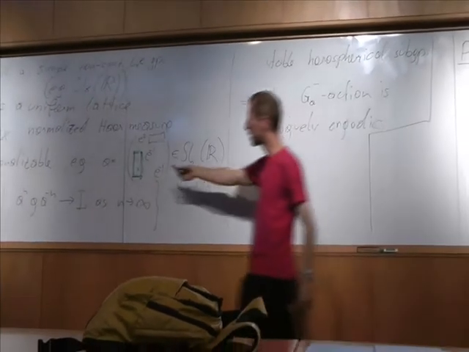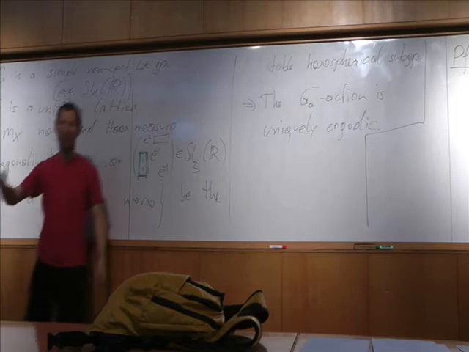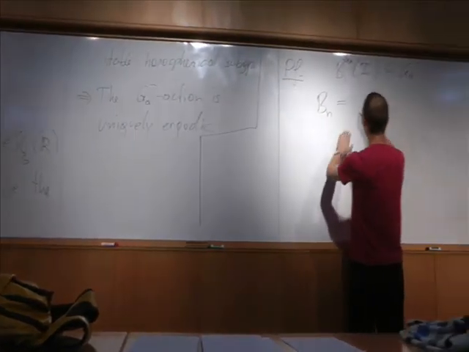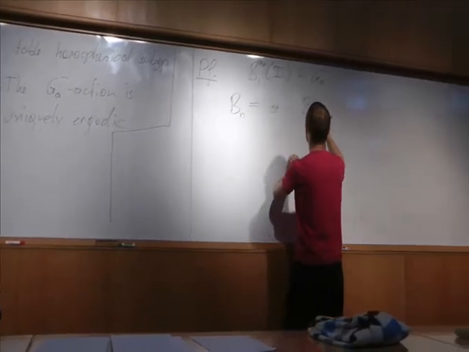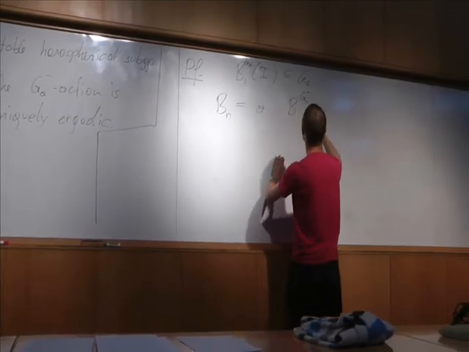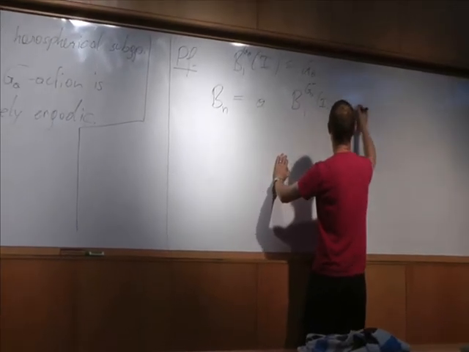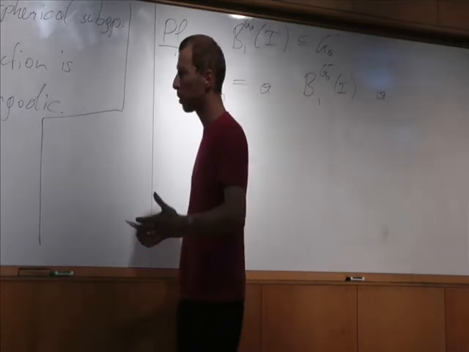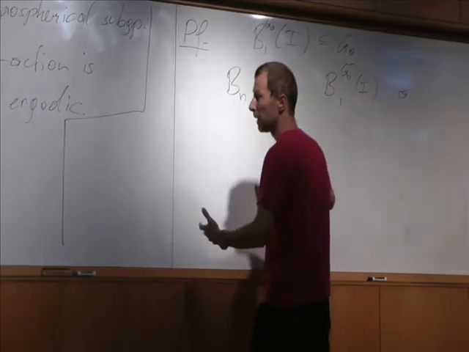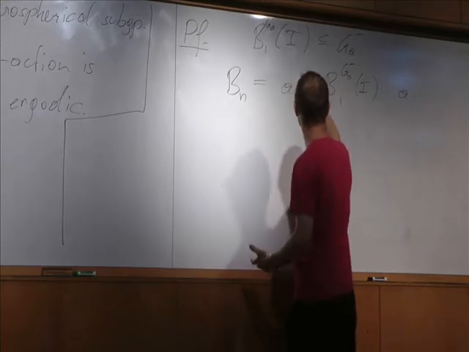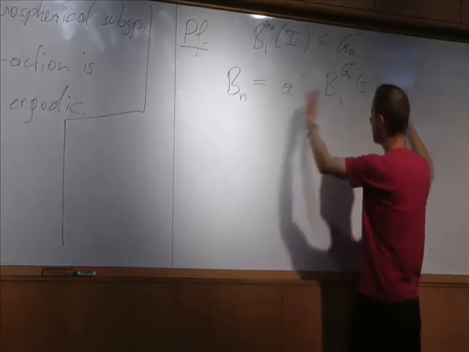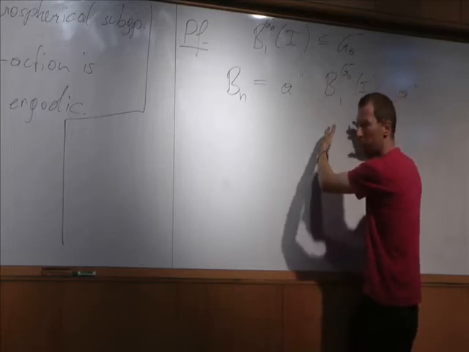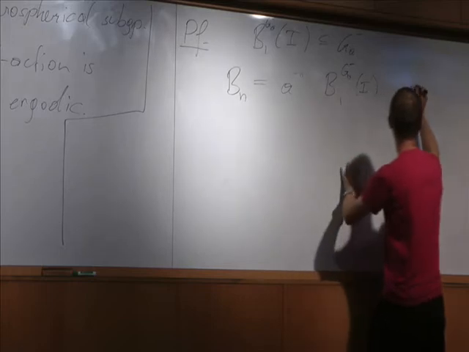The element that I use to define the group, of course, normalizes the group, so I can define bigger and bigger sets by conjugating my one ball by powers of A. But I need to be careful which direction I'm conjugating, because if I'm conjugating the way one normally would, then I make this set smaller and smaller, which I don't want to do because I want to use the sets for averaging, so I should conjugate in the other direction.